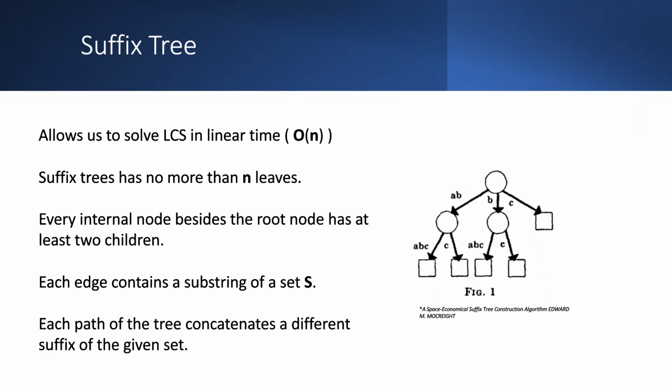So if we're given a string, the number of leaves is no more than the length of the string we're given. Every internal node besides the root has at least two children, and each edge contains a subset of a set S. Following a path of the tree gives us a different suffix of the given set.